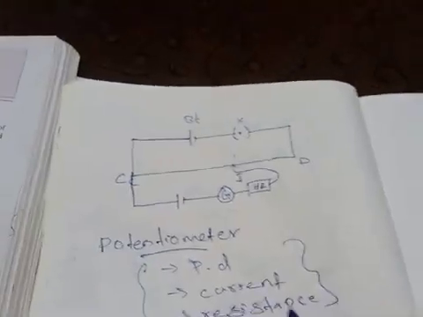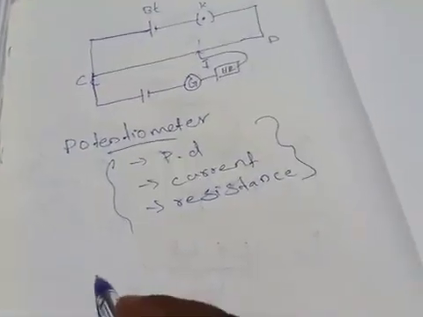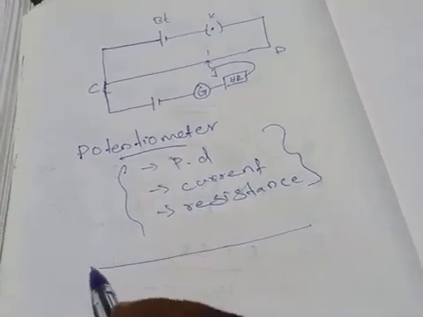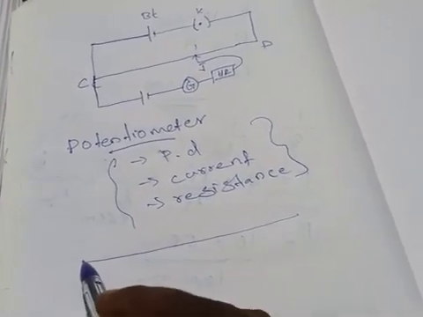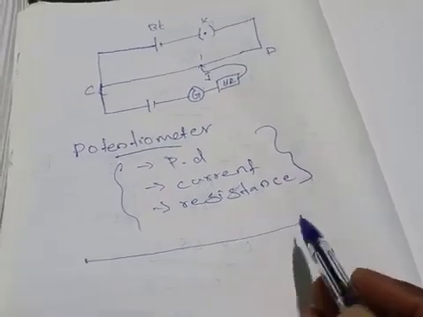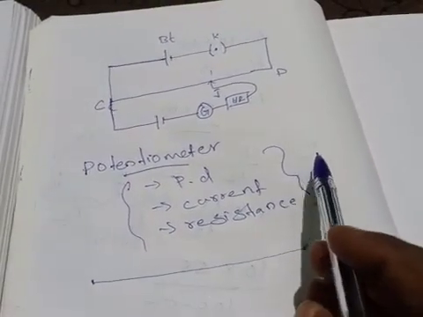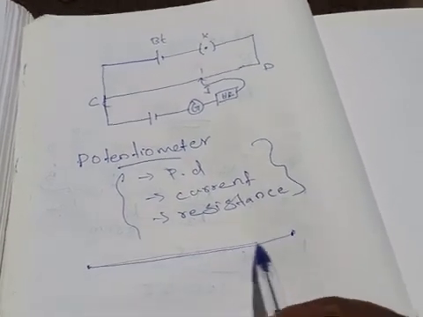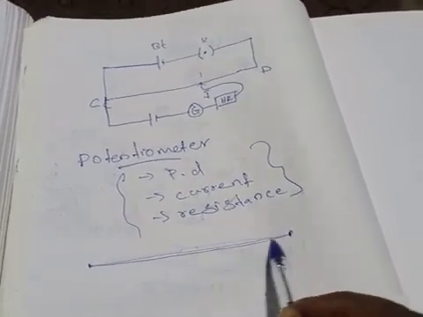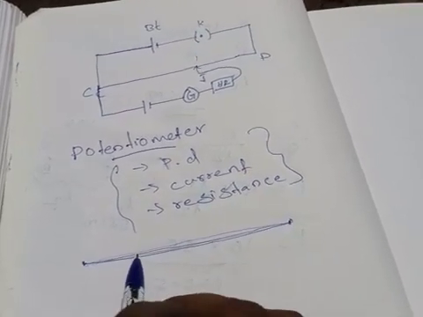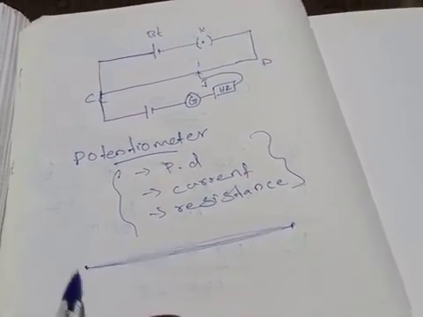Actually, this potentiometer consists of a 10 meter long wire. We have seen in meter bridge 1 meter wire, 1 meter length, and here we are using 10 meter wire. Its length is 10 meter. 10 meter means we know that it is very big.